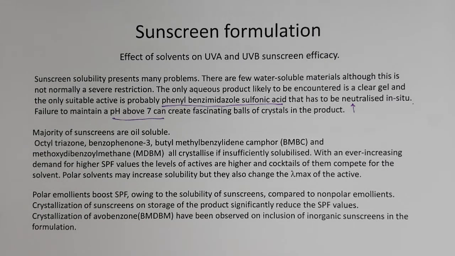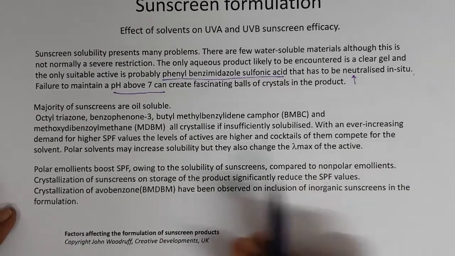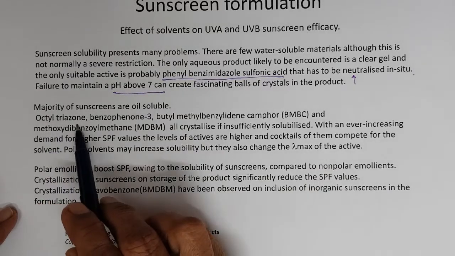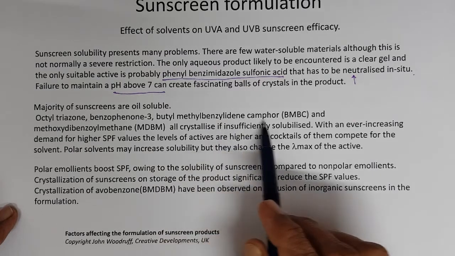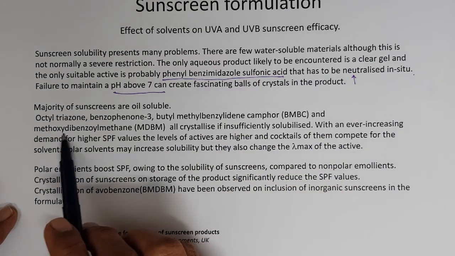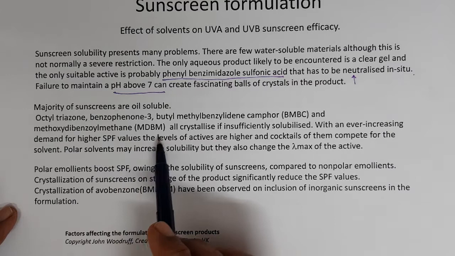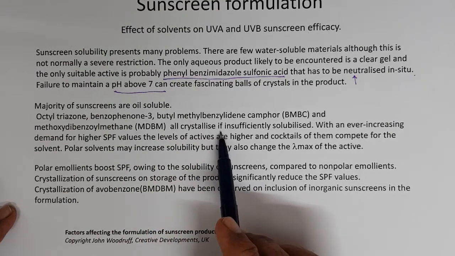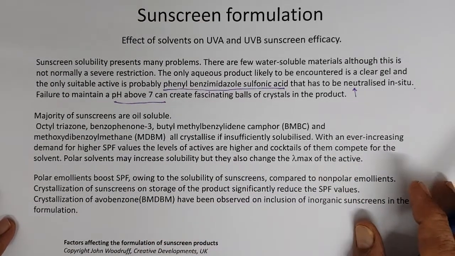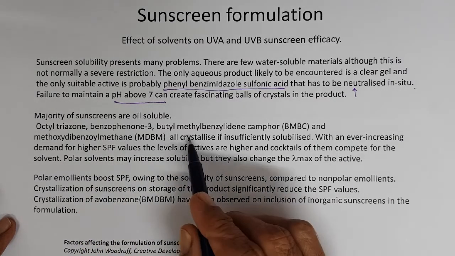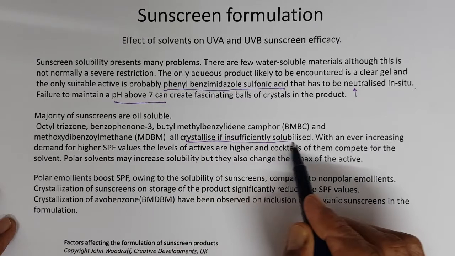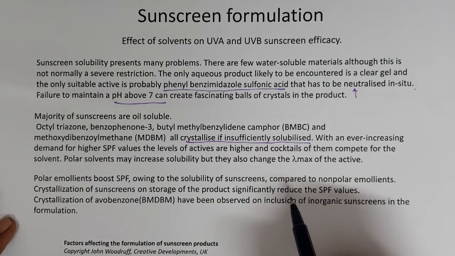All the other organic sunscreens are oil soluble, right? These are the examples: octyl triazone, benzophenone 3, butyl methoxy, benzylidene camphor, methoxy dibenzoyl methane. All these sunscreens crystallize if insufficiently solubilized.